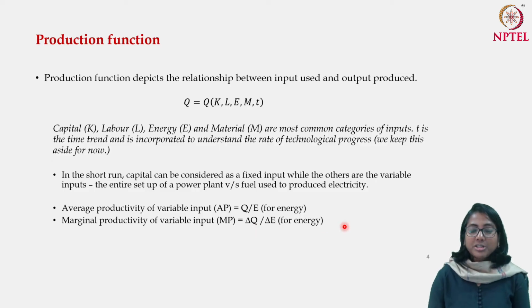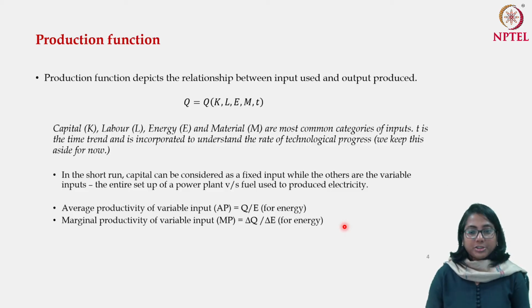So this is the marginal productivity of variable input. Later you will see that marginal productivity of variable input and average productivity of variable input are closely associated with the concept of average variable cost and the marginal cost, which is marginal variable cost again.